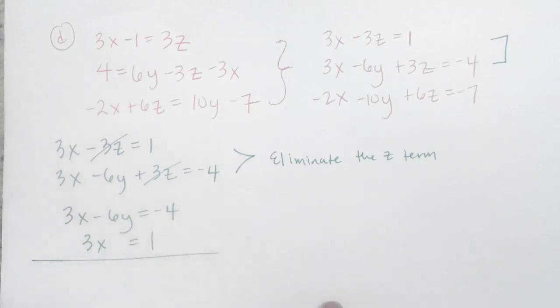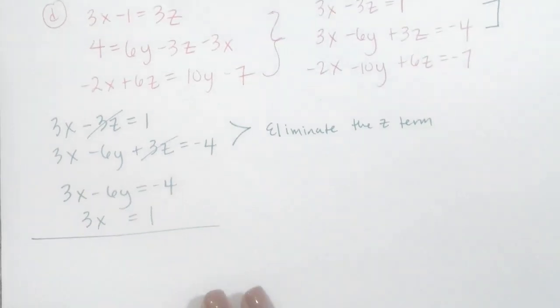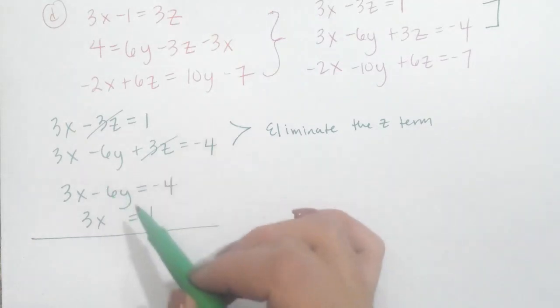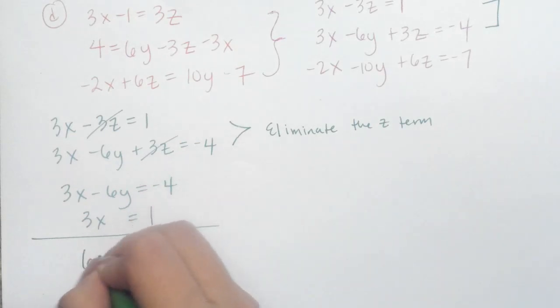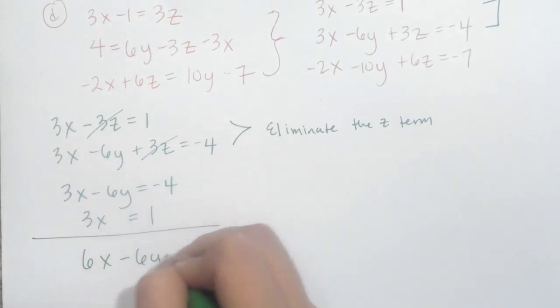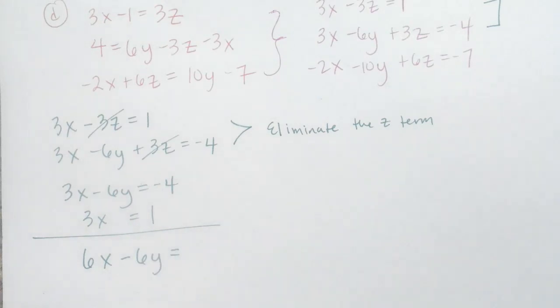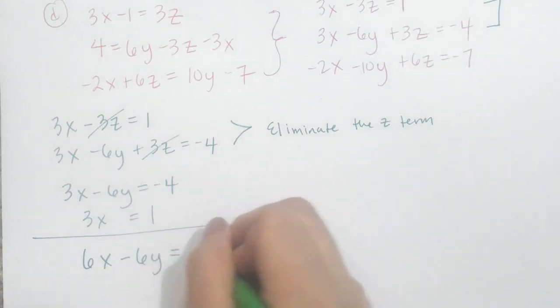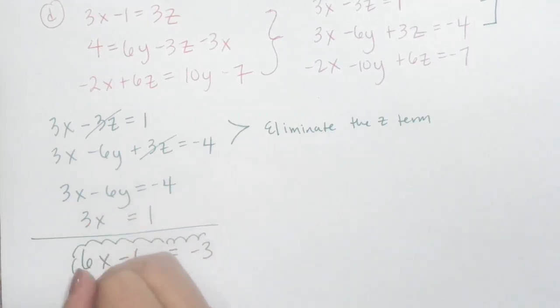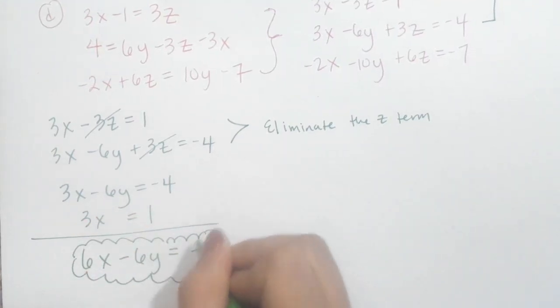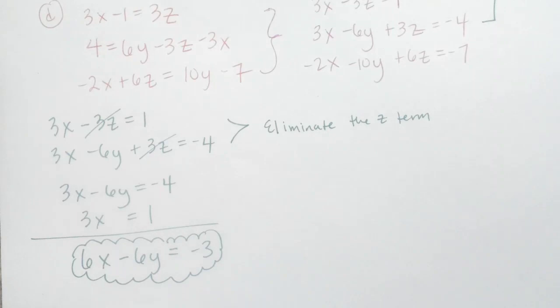That's it. And so now I'm just going to add. So 3 plus 3 is 6x minus 6y equals negative 4 plus 1 is negative 3. And this is my first bubble equation. It's not my answer, but it's where I have it in terms of two variables.